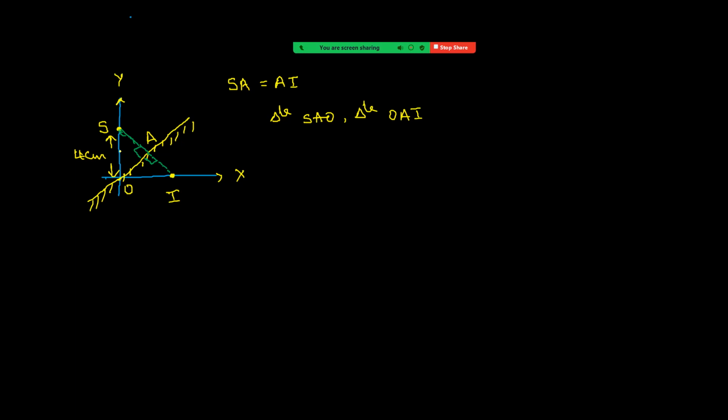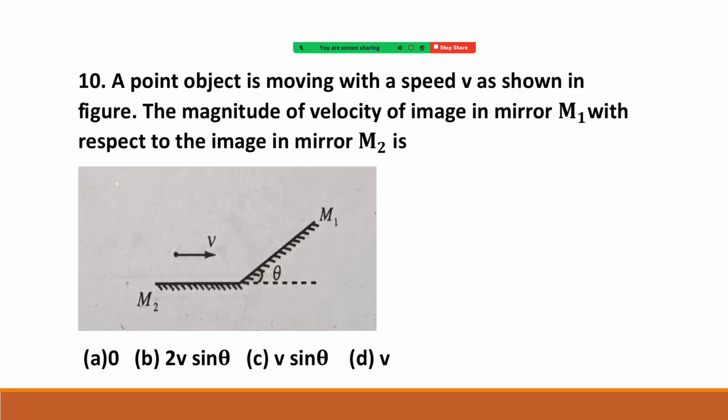That implies SO should be equal to OI. That means now this also 4. That means coordinates are 4 comma 0. So only key point is distance of object equal to distance of image from the mirror. Okay. Let us go for next problem.